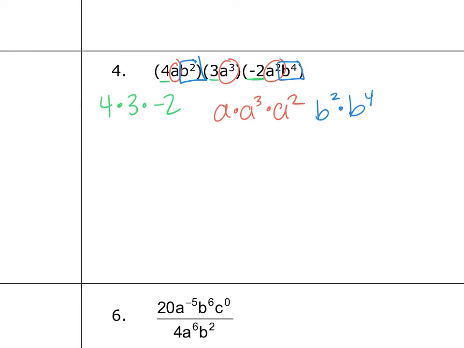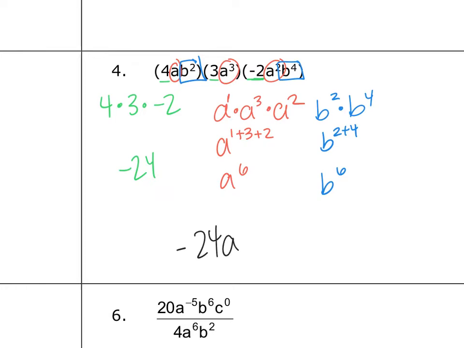So numbers, 4 times 3 times -2 is a -24. A's, I have addition, so a to the 1 plus 3 plus 2 is 6. And with the B's, I'm also adding, so 2 plus 4 is 6. And I put it all back together. Both of these are staying on the top because they're both positive.